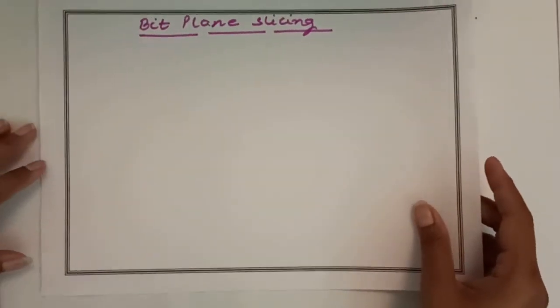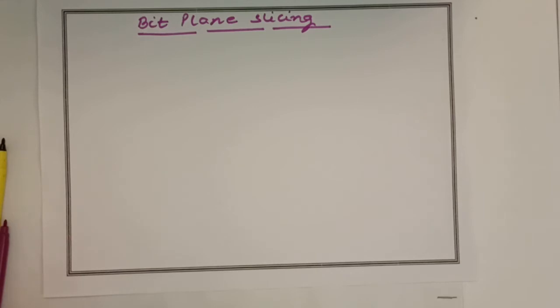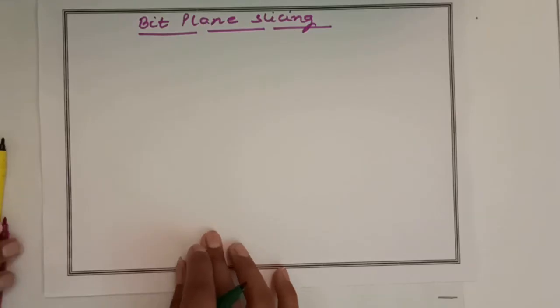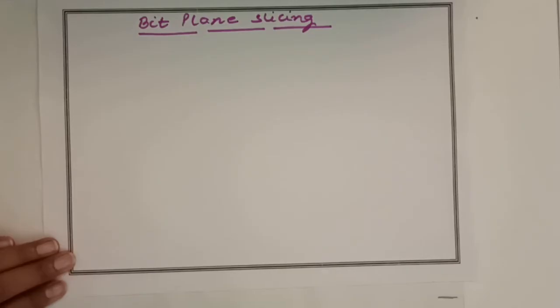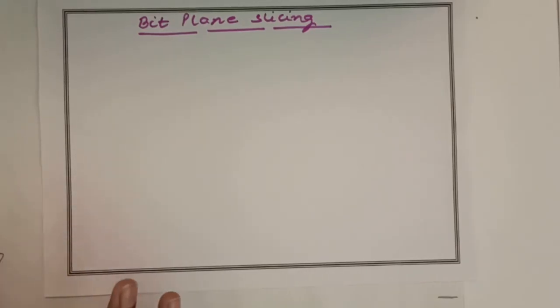Now study the third type of piecewise linear transform, which is bit plane slicing. So till now you have studied two variants: one is contrast stretching and the other is gray level slicing. Third is bit plane slicing. What is bit plane slicing? It is possible to transform a gray level image into a sequence of binary images, but transforming the whole image is a very tedious task.